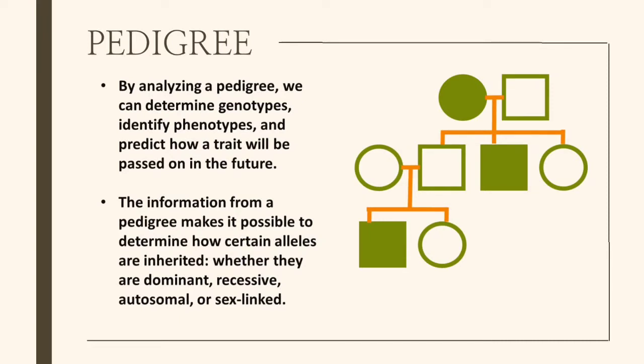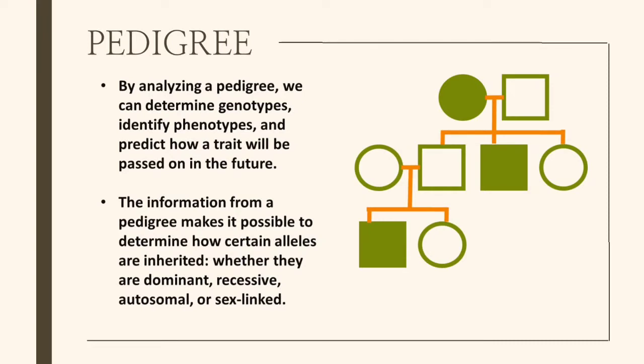Such as, halimbawa, the parent has color blindness or parent 1 has color blindness. So, with that, their son has color blindness as well. So, that is pedigree. Detect natin kung paano nga ba napapasa yung specific trait, specific syndrome, or specific disease all throughout the generations, such as the first generation, second generation, third generation.